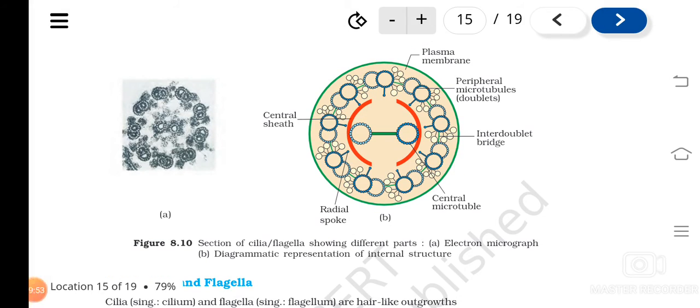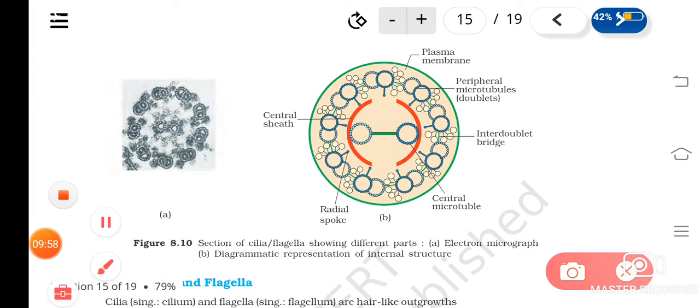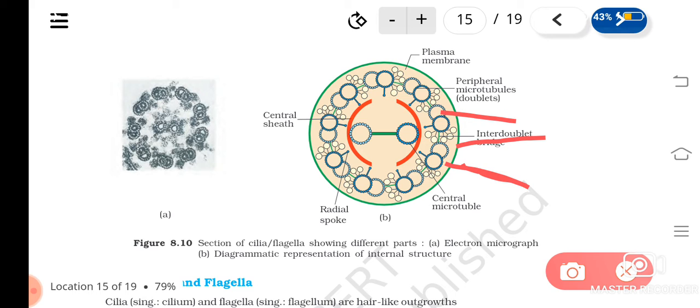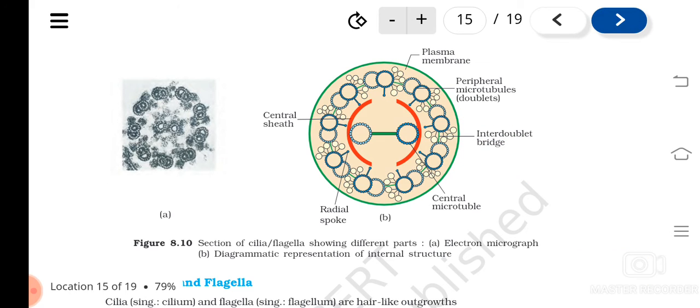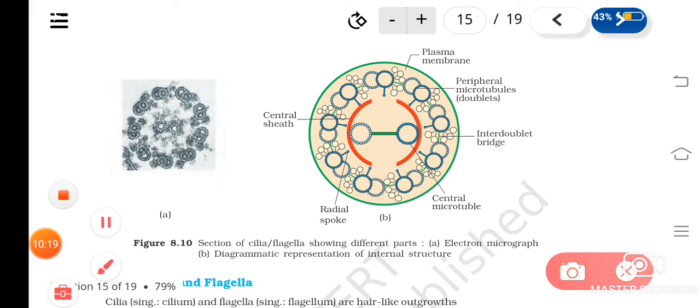Here in this diagram it will be more clear. You can see the flagellum or cilium in cross section. The outermost layer is the plasma membrane, this green one, and inside it you can see the axoneme. In the axoneme, I told you, there are microtubules arranged parallel to each other.